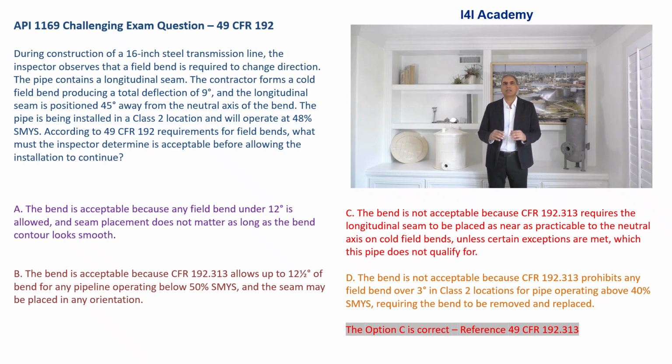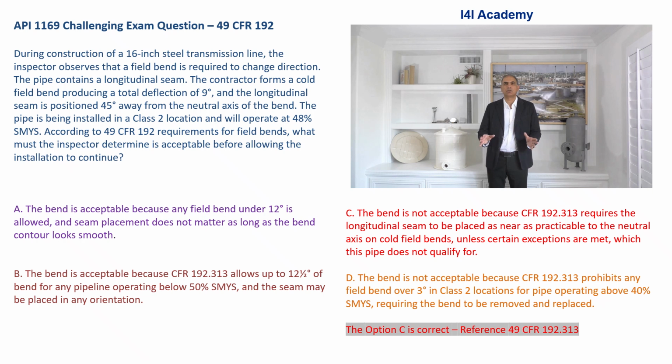Option B is incorrect because it incorrectly states that CFR 192.313 allows any pipeline operating below 50% specified minimum yield strength to have bends up to 12.5 degrees with seam placement in any orientation. That rule does not exist in CFR 192.